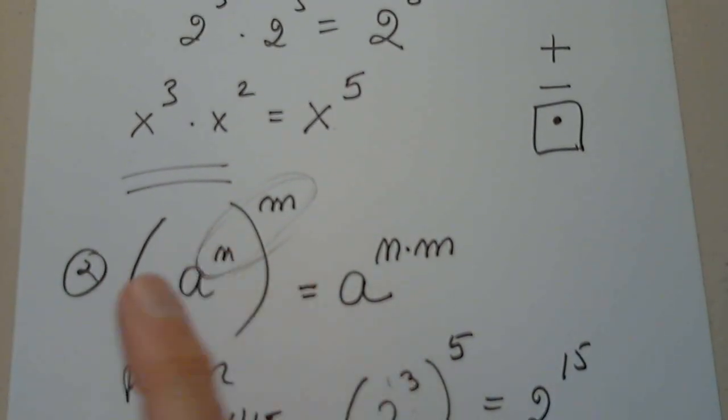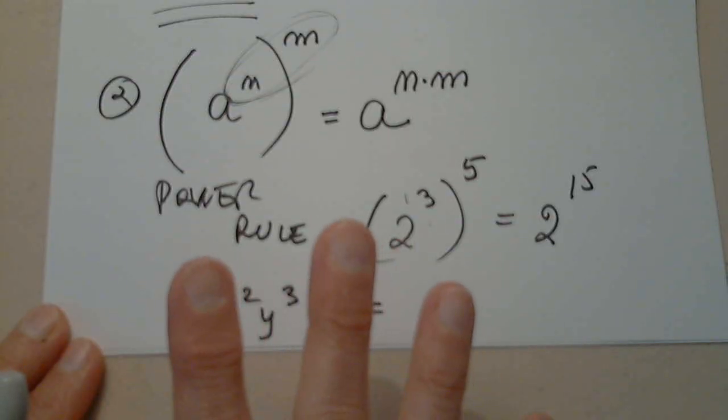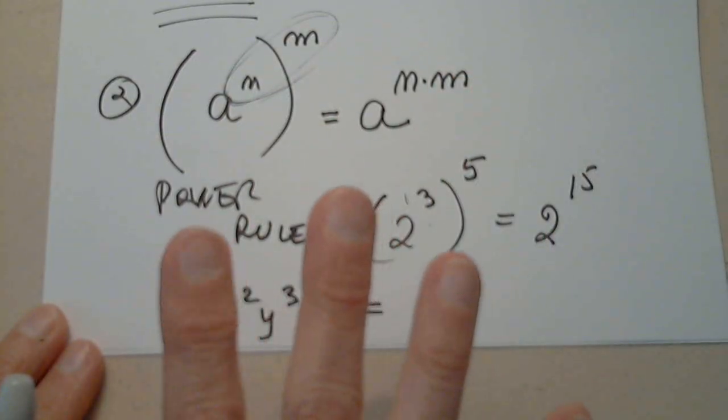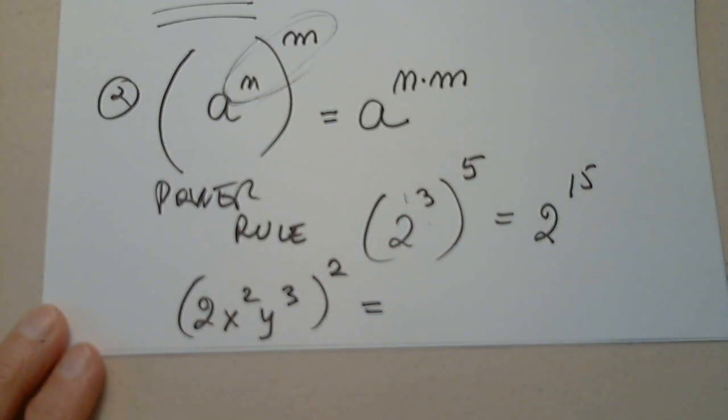Here I only had one exponential notation, but here I have 3, and they are all multiplied. 1, 2, 3. This has to be raised to the second power, this has to be raised to the second power, and this has to be raised to the second power.